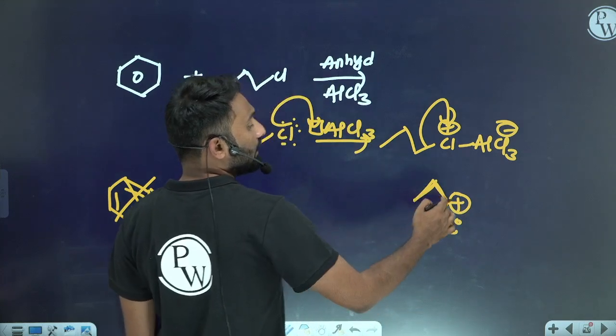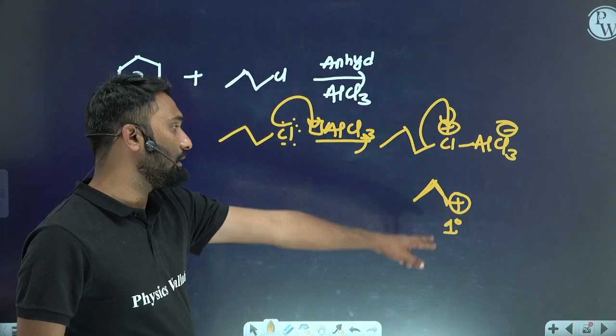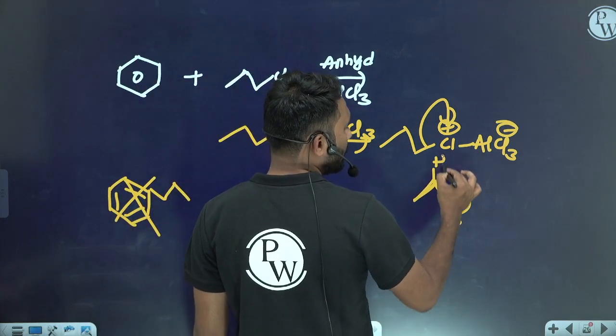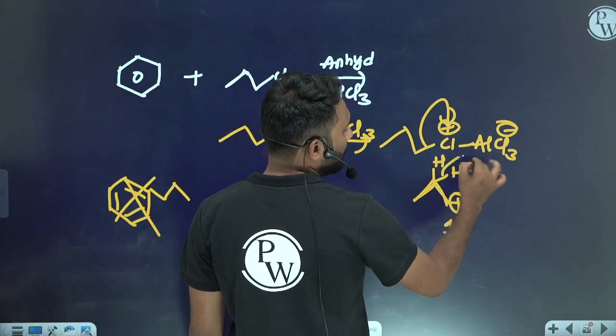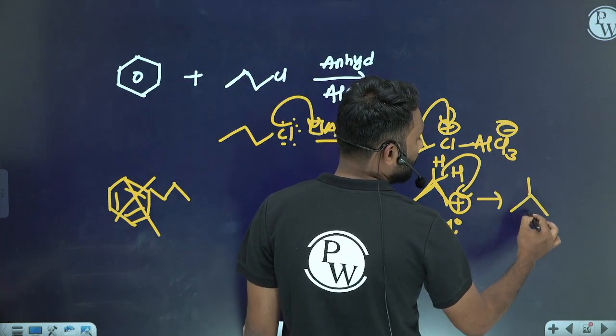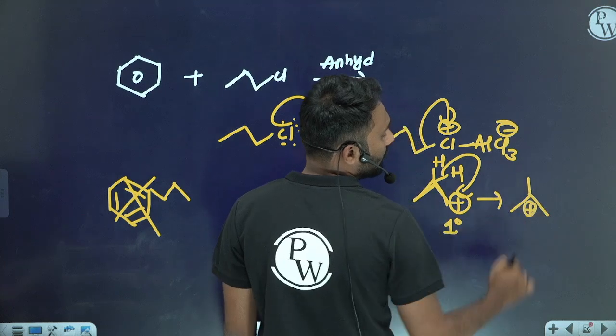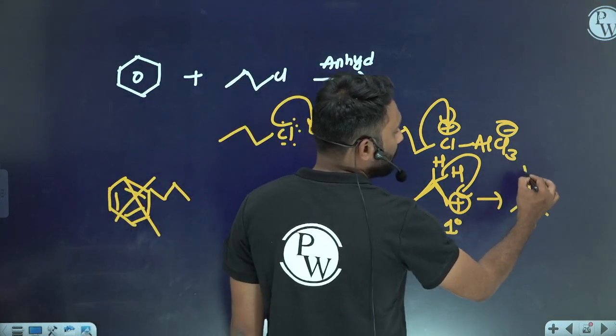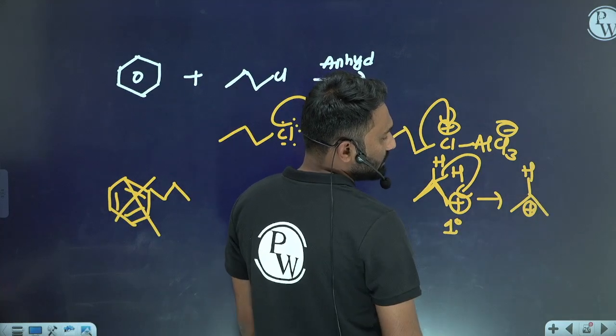Can we make this a stable carbocation? Yes, by the 1,2 hydride shift. Now what happens when I do the 1,2 hydride shift? I will get the secondary carbocation. Now this is a secondary carbocation.